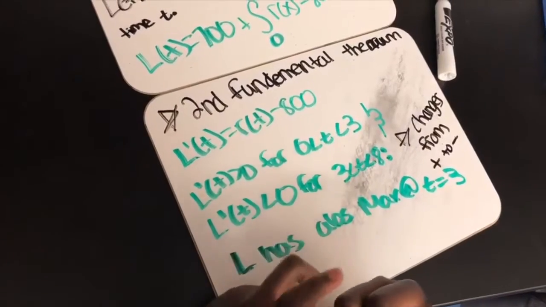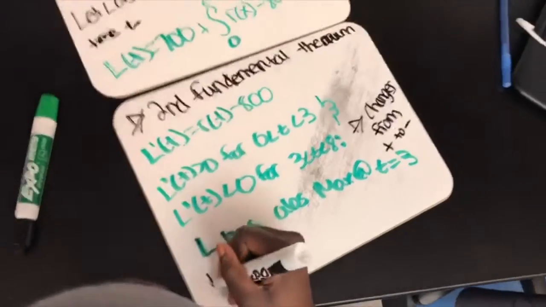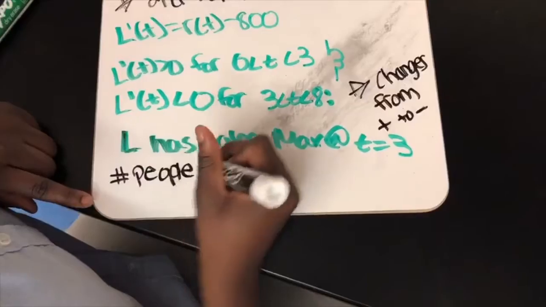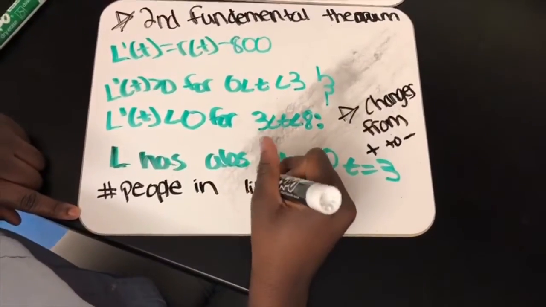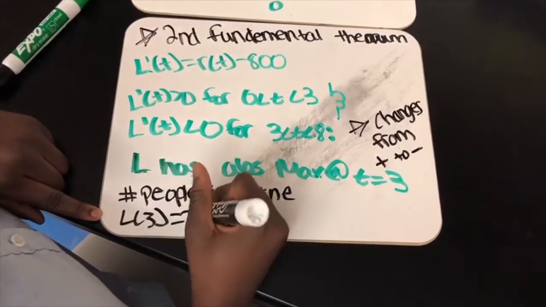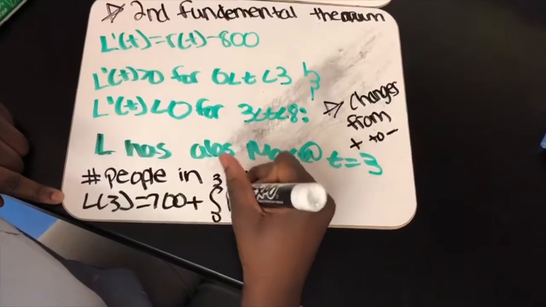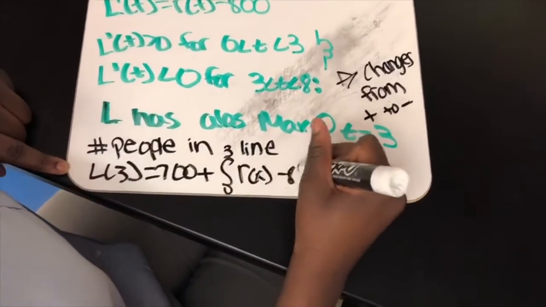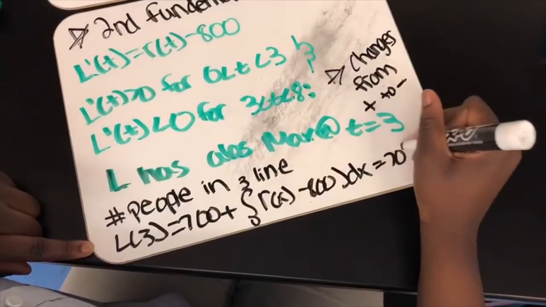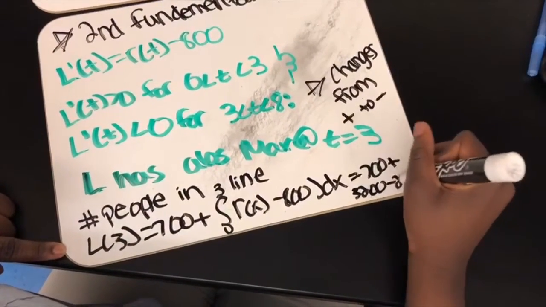And the question is asking at what time t is the line for the ride the longest, and how many people are in that line at that time. So to find that, you do L of 3 is equal to 700 plus the integral from 0 to 3, since you're trying to figure out how many people are in the line, of (r of x minus 800) dx, which equals 700 plus 3,200 minus 2,400.